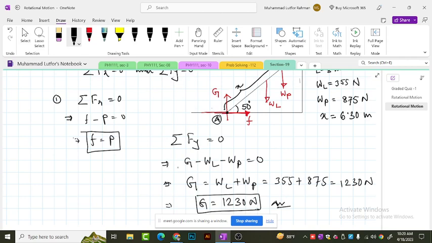Because we are using that formula, torque is r F sine theta. I'm considering the torque about this point, and these two forces are also acting on that point.